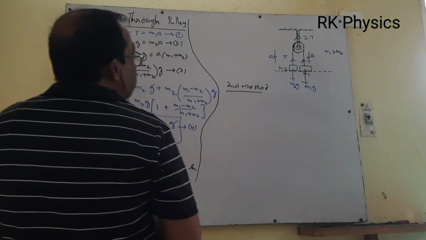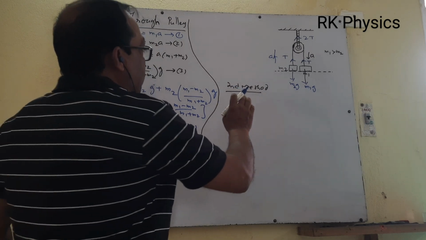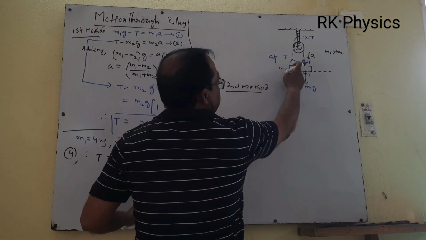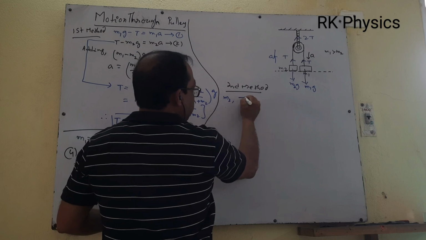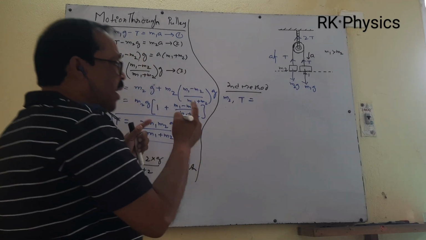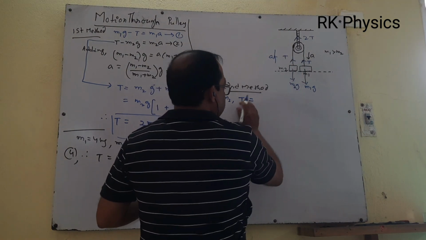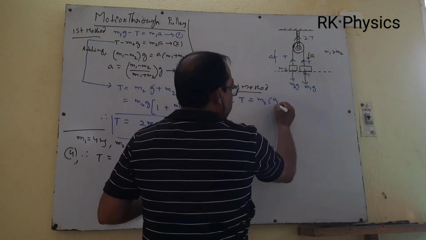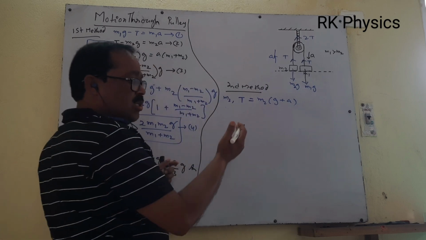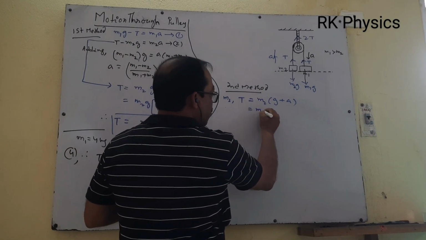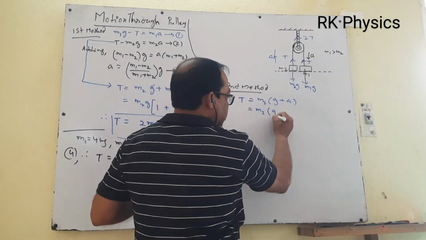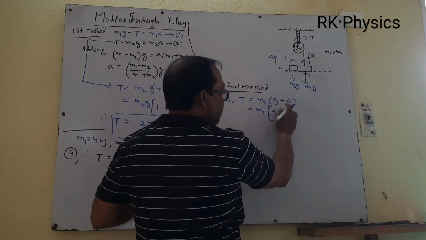Okay. Now in the second system, if you take T for m2, then m2 is moving up, so T is m2 into (g plus a). This is m2, this is g, but what is a?